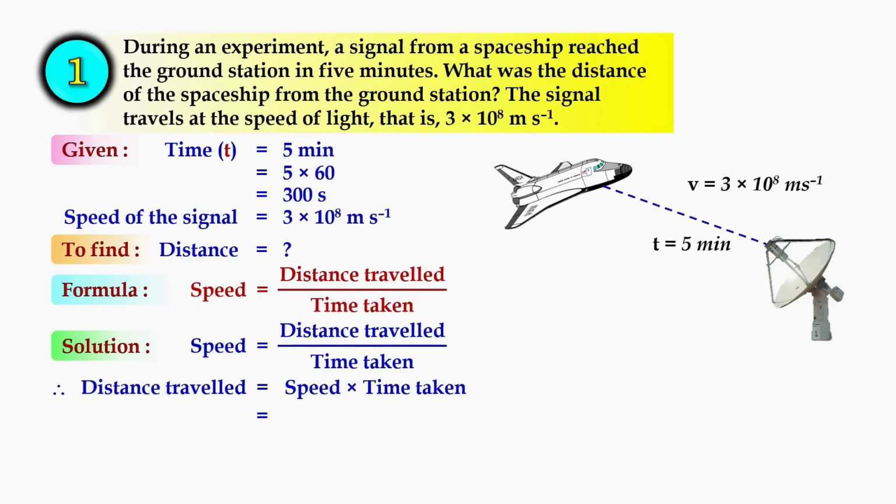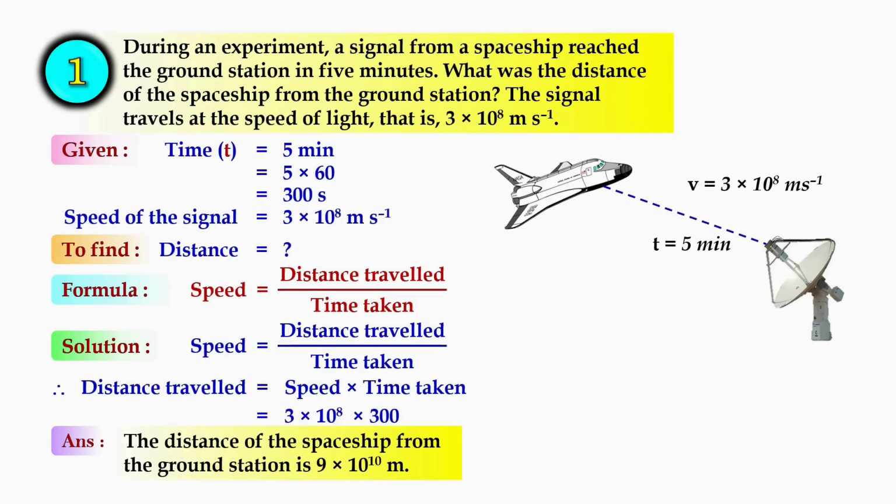Substituting the given values, distance traveled equals 3 into 10 raised to the power 8 multiplied by 300. 300 can be written as 3 into 10 raised to the power 2. So, the calculation becomes 3 into 10 raised to the power 8 multiplied by 3 into 10 raised to the power 2. This gives 9 into 10 raised to the power 10 meters. Therefore, the distance of the spaceship from the ground station is 9 into 10 raised to the power 10 meters. This is the final answer.